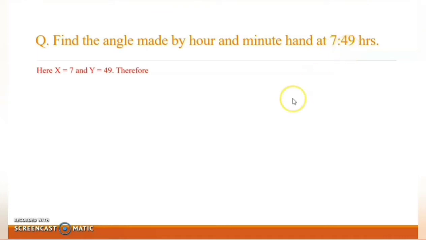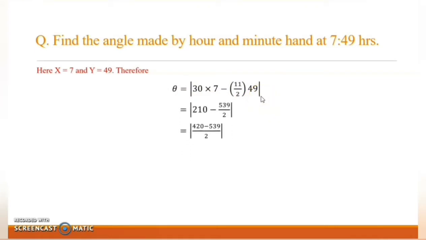So by substituting this in the given formula, we get theta is equal to 30 into 7 minus 11 by 2 into 49, which on simplification gives me this, and this is some basic mathematics, just subtraction of two fractions, and then I get this. Now here I have a modulus sign and there is a minus sign inside, so on taking the modulus we get the positive one.